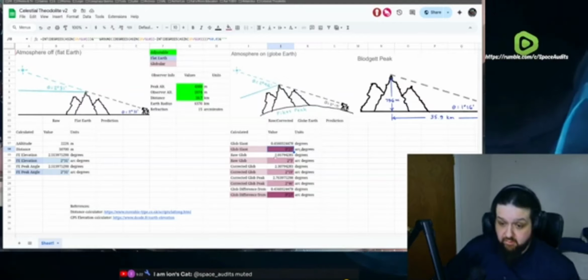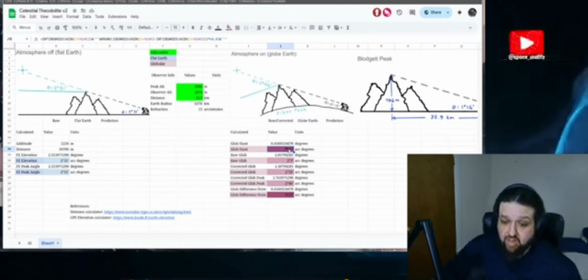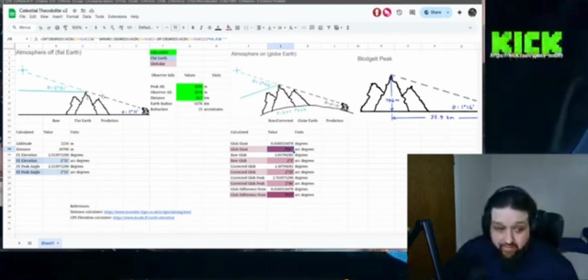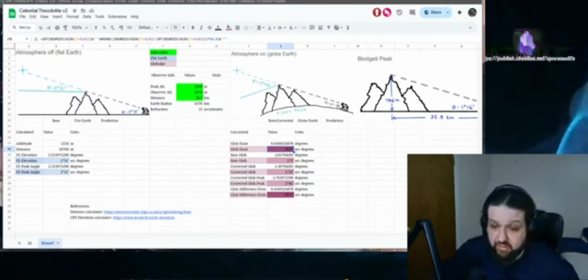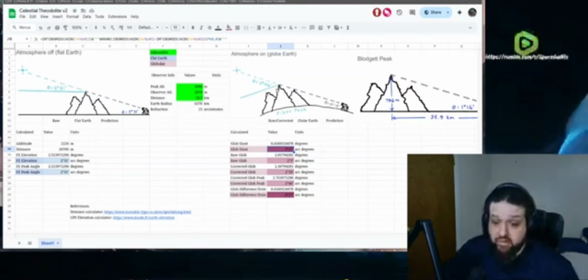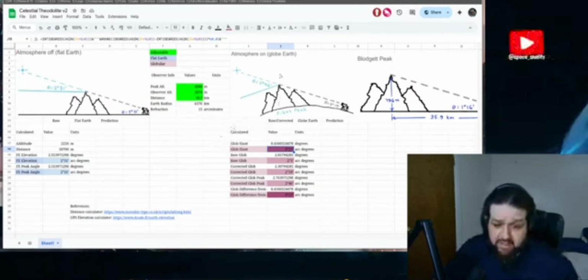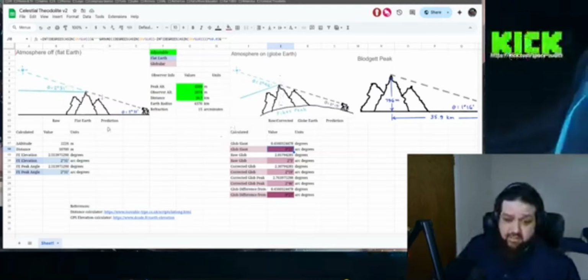We make the same calculation and predictions. We're showing this difference only exists as a refraction correction. And the true elevation of this peak is not 2 degrees and 19 arc minutes. If it was, then this time would be different. I'd be here telling you guys we were wrong. That's the significance of this. I don't think people fully grasp this, and I think the Globe lads are underplaying the significance of having these two angles line up together.